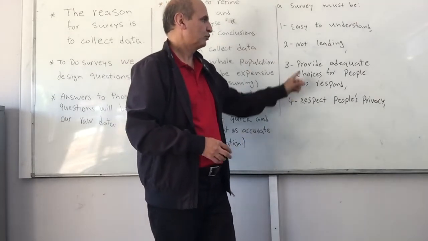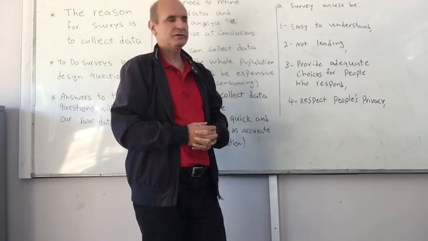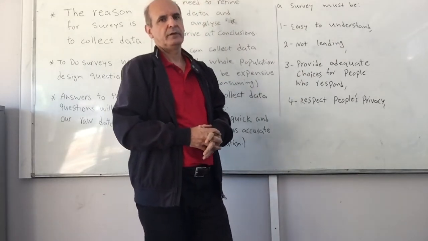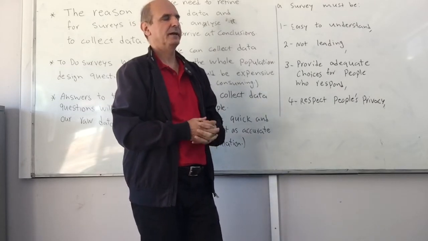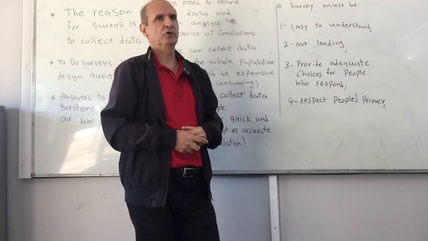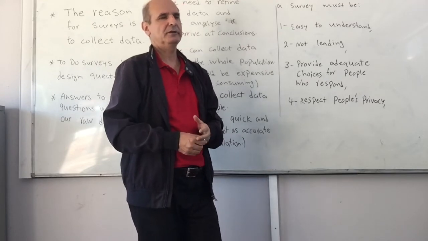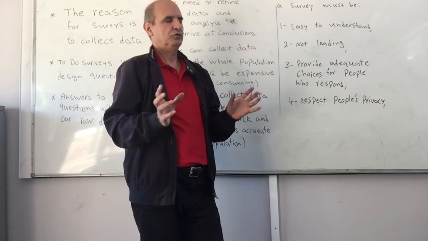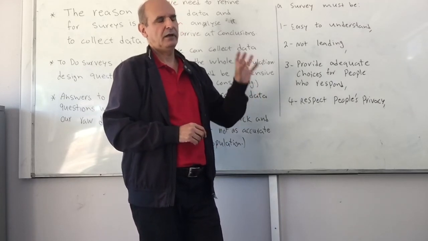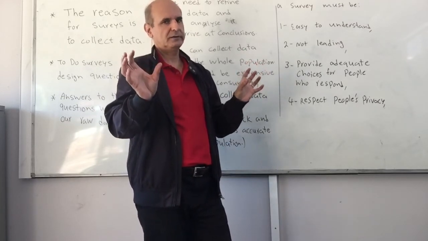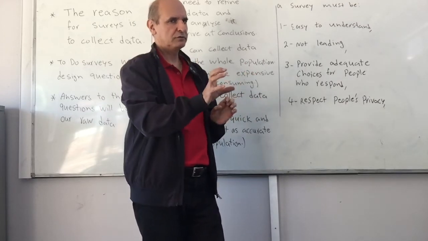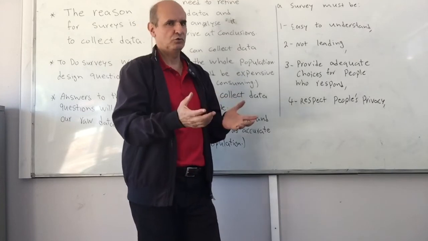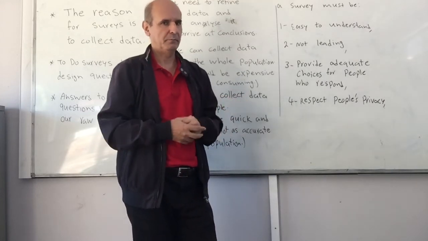Then you should also provide adequate choices for people who respond. For instance, if in a question you are asking about a textbook and you put two options, I like this textbook, I don't like this textbook, you should also put another answer which is unsure, for some people who haven't made up their mind.